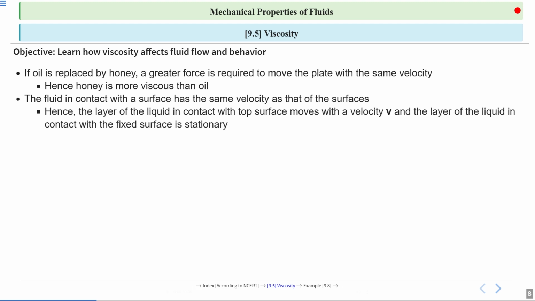So the layer of liquid in contact with the top moving surface travels at a velocity v, while the layer touching the fixed bottom surface stays still. This creates a gradient of velocities from the bottom to the top. It's important to remember that the velocity changes smoothly from one layer to the next.